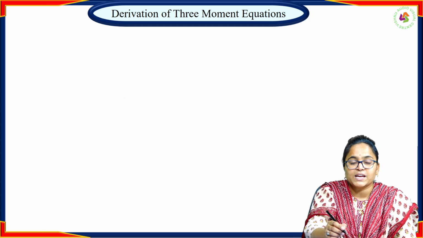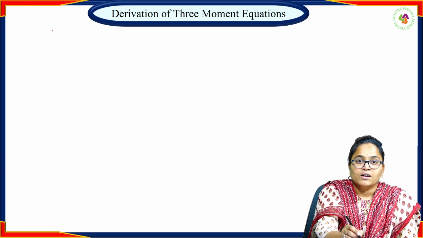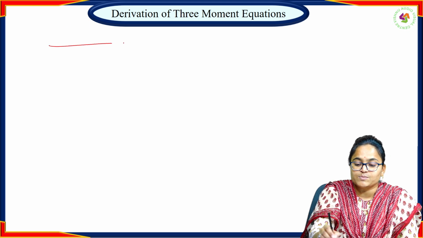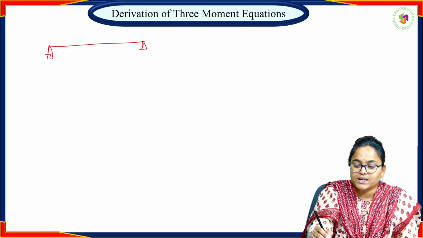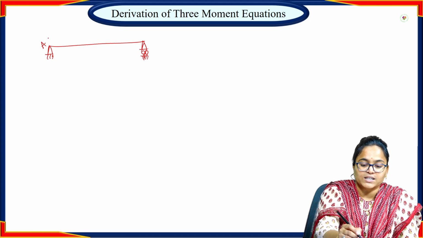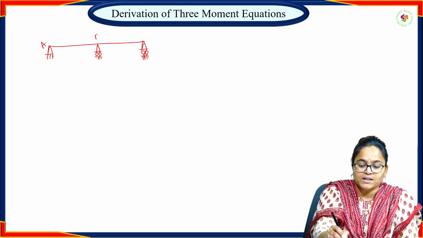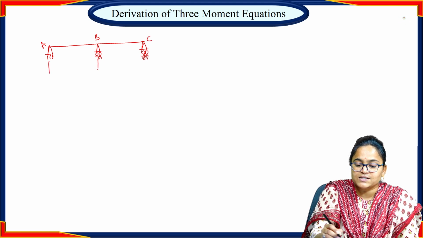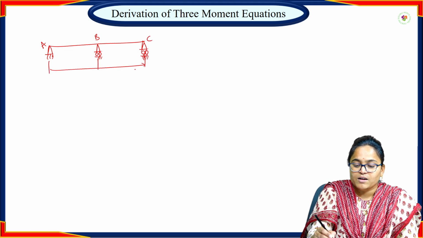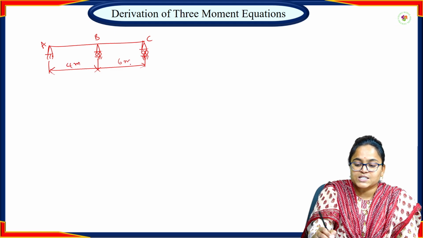Now we'll see the application of Clapeyron's theorem of three moments for a two span continuous beam. So let us assume this is the two span continuous beam and these are the support conditions. This is A, and let us consider support B. This is support B and this is support C. So let us consider AB of span 4 meters and BC of span 6 meters.